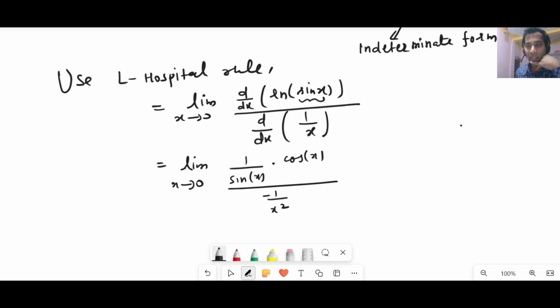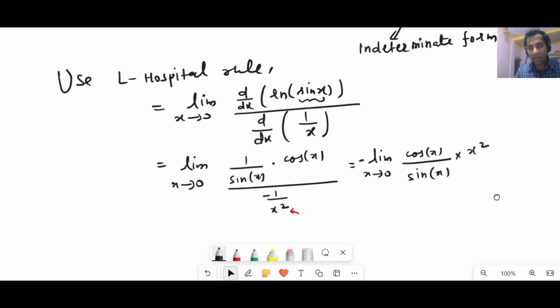So further, we will write the limit x tending to 0, taking the minus outside, cos x by sin x, and this x square will go to the numerator, that is x square.